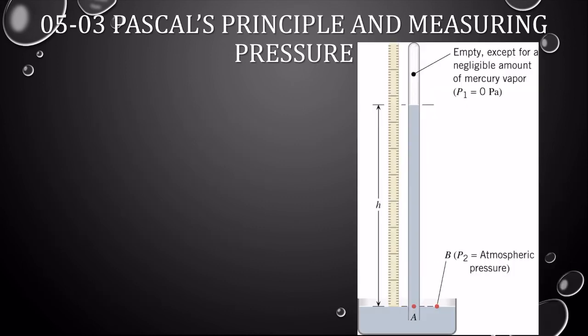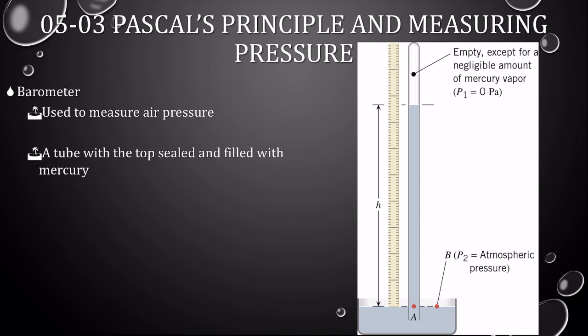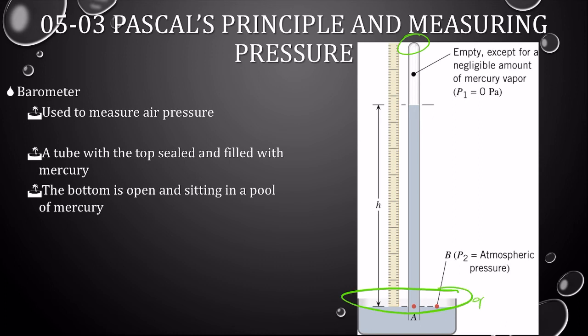The tool we use to measure air pressure, or atmospheric pressure, is a barometer. It is a tube with the top sealed, and it's filled with mercury usually, although you can use any fluid. The bottom is open and sitting in a pool of mercury. So down here, that's open to the air.